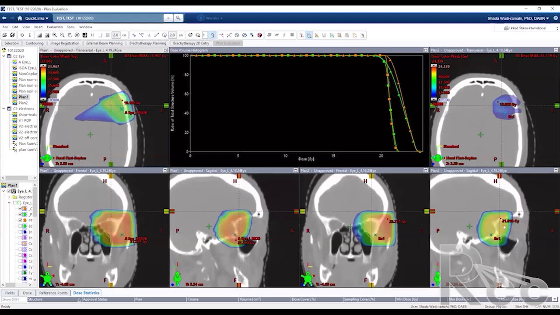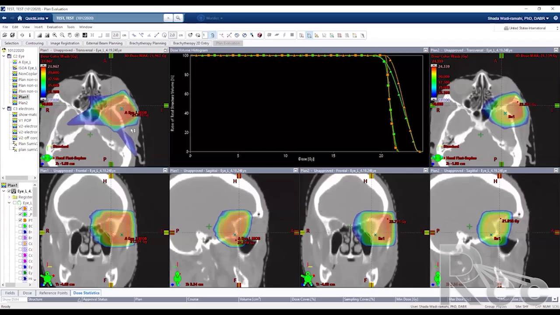This one being more conformal, even the 50% isodose line is kind of following the shape of the PTV, right? It still has that egg shape of the PTV. Here, you lose that. You have a lot of spillage. So that's something else to think about.